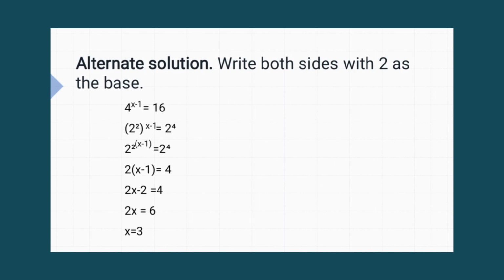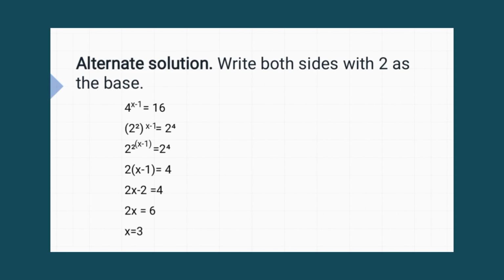So we will move negative 2 to the right side together with 4, and that is 2x is equal to 4 plus 2, and then 2x is equal to 6. Divide both sides by 2, x is equal to 3.